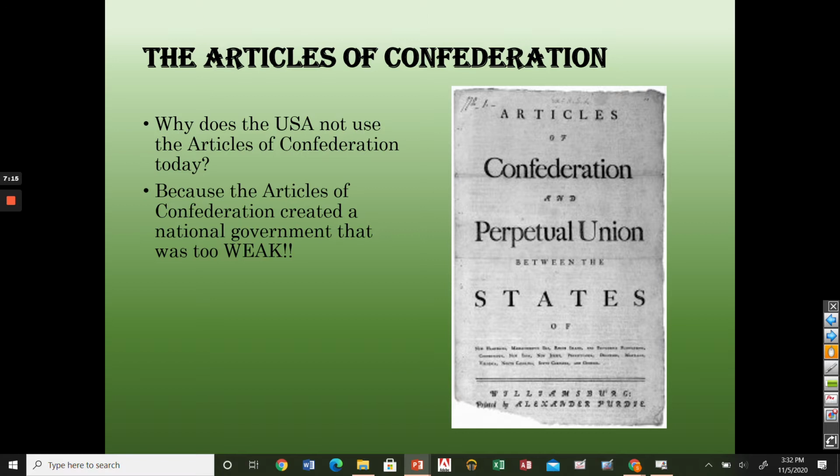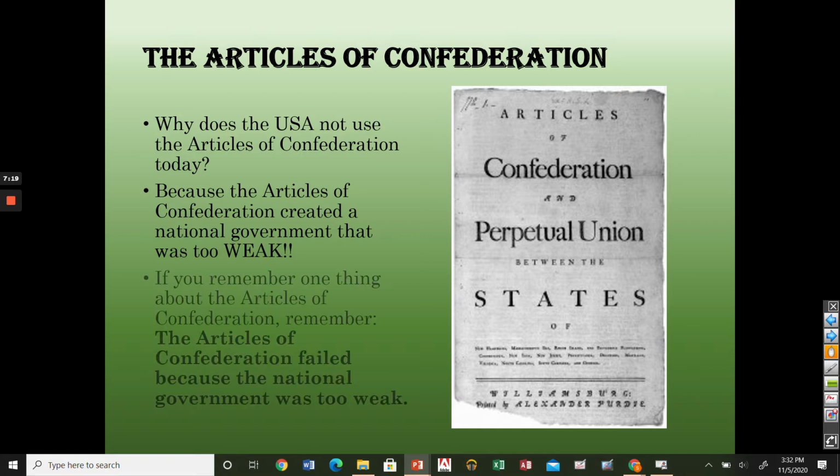Because the Articles of Confederation created a national government that was simply too weak. I'm going to repeat that again, because if there's one thing you need to understand about these Articles of Confederation, it's this. The Articles of Confederation failed because the national government was simply too weak. I'll give you a preview of coming slides, but essentially, the power was remaining in the states.